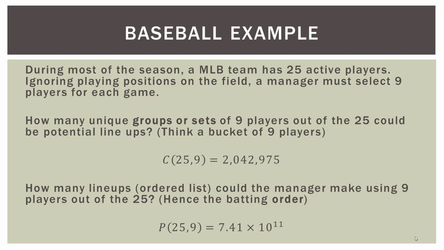So, if the team has 25 players, and you're making batting lineups of 9 players, you could have 741 billion different lineups, ordered lists. Isn't that amazing? So again, I think that's 741 billion, but if it's not, it doesn't matter. It's still a big number. So you can see how numerous the permutations are.